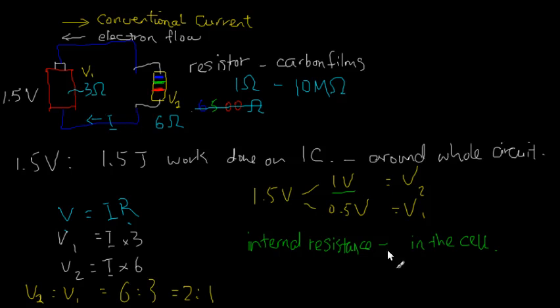So I have not got my money's worth, and more importantly, I don't actually get the full 1.5 volts when I connect this battery to my electronic device. In this example, let's say I only get 1 volt. So internal resistance has this effect of decreasing the voltage that actually goes to the load, something that the battery does work on.